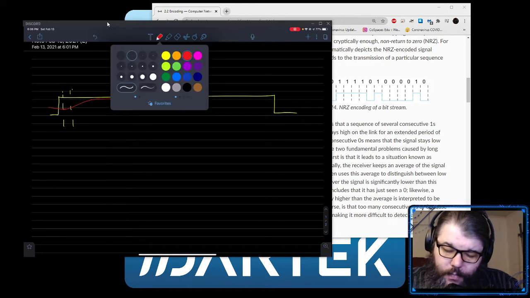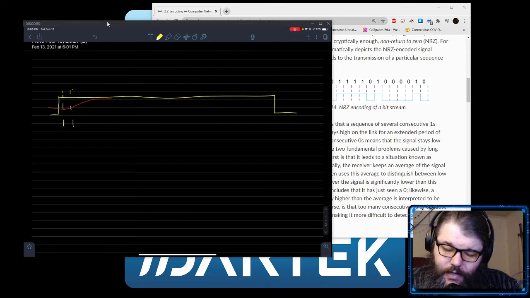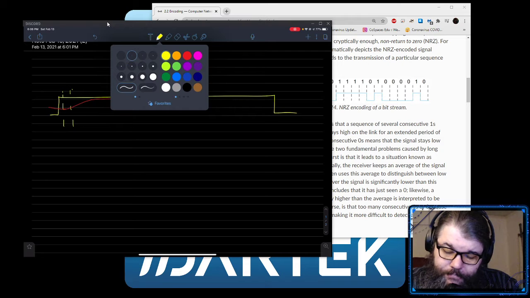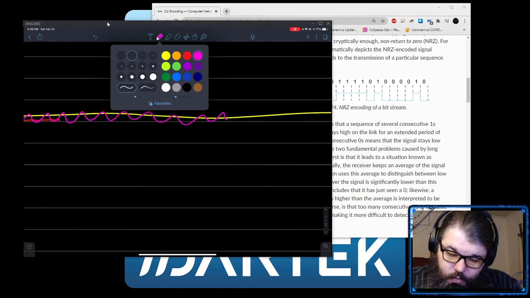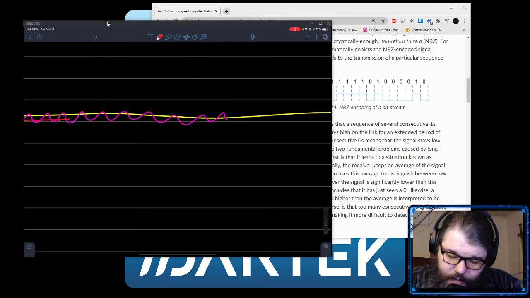Part of the problem is that these signals aren't completely clean, and so the actual transmitted data, instead of being this yellow line, might be a little noisy. If you zoom in a little bit, what you might see happening is that this baseline creeps up.